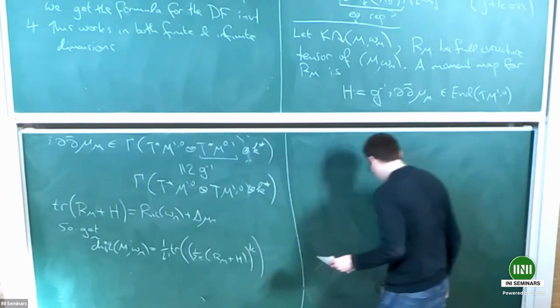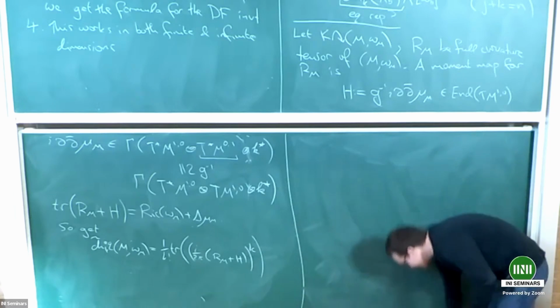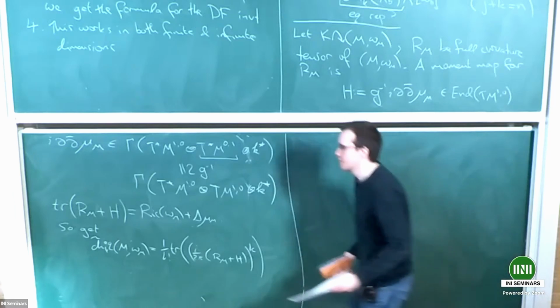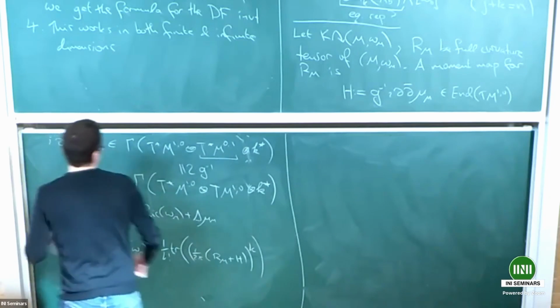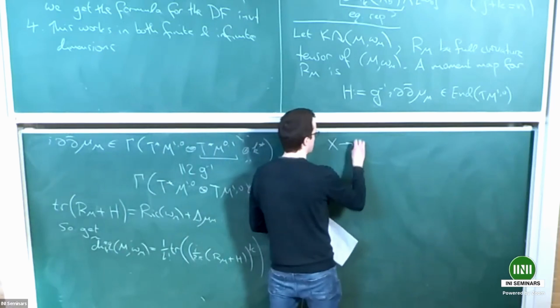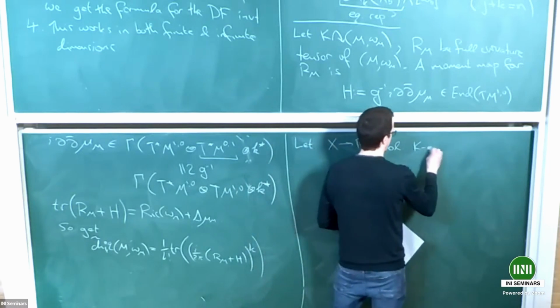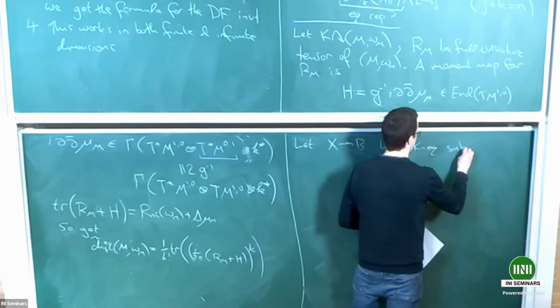So let X over V be a holomorphic K-equivariant submersion.